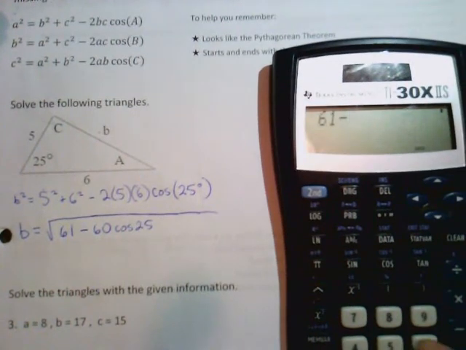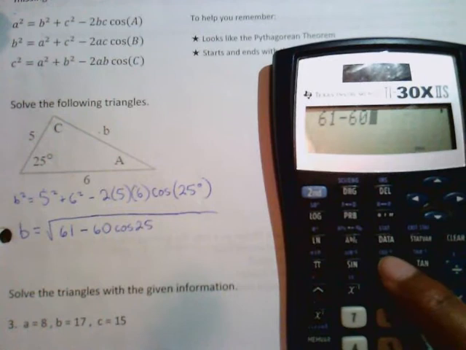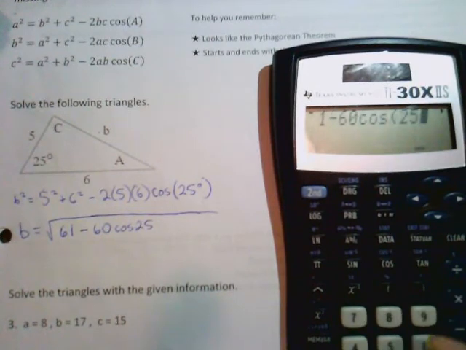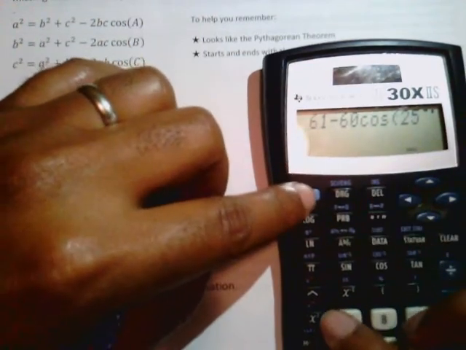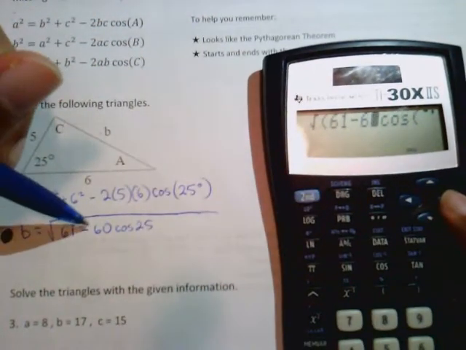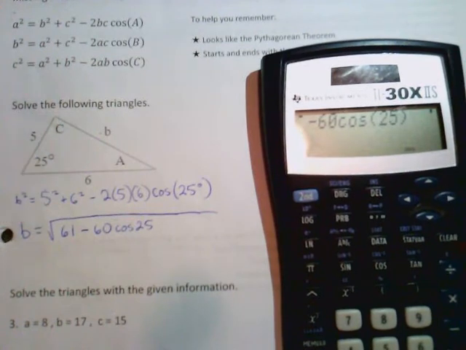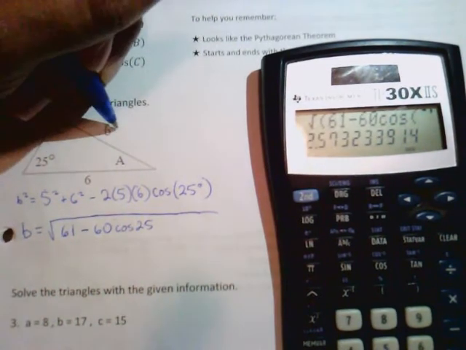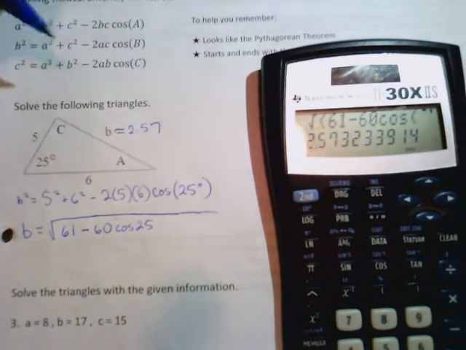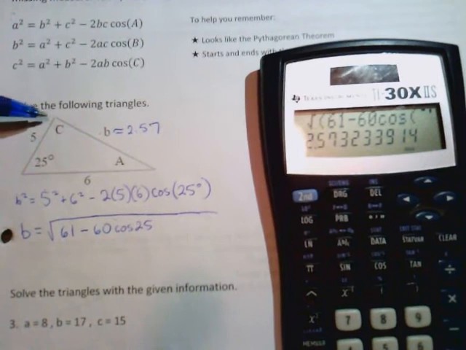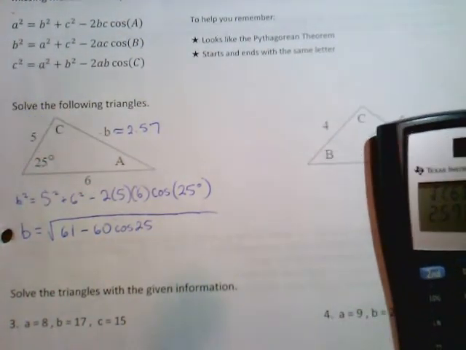We need to take the square root of all of this. So the square root of 61 minus 60 cosine 25 gives us 2.573. So b is approximately 2.57.